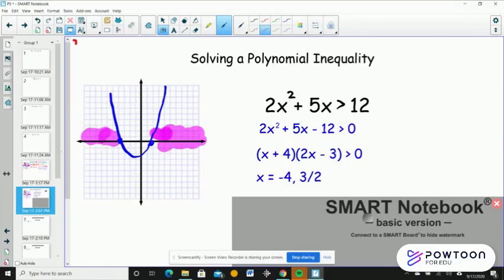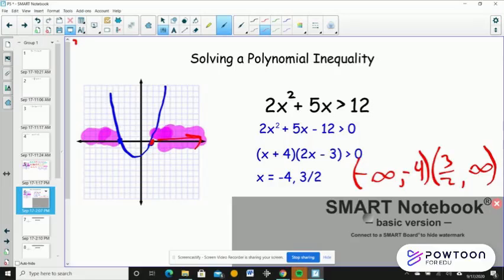So that leaves our solution set from negative infinity to negative 4, and 3/2 to positive infinity. And since the solution is both of those, I really should put the union symbol between the two.